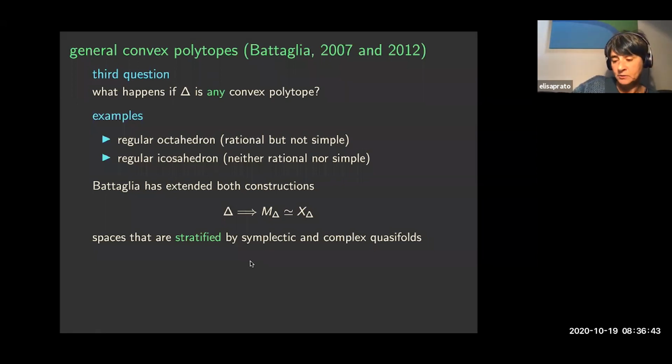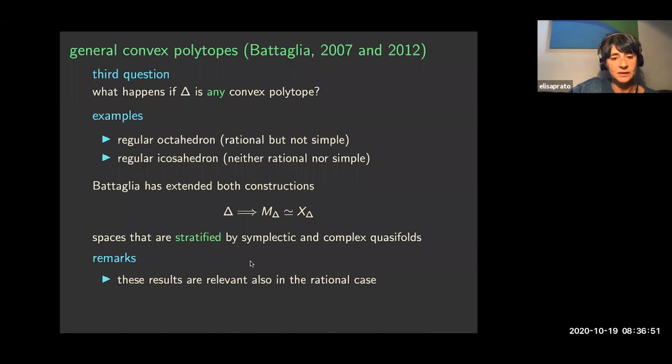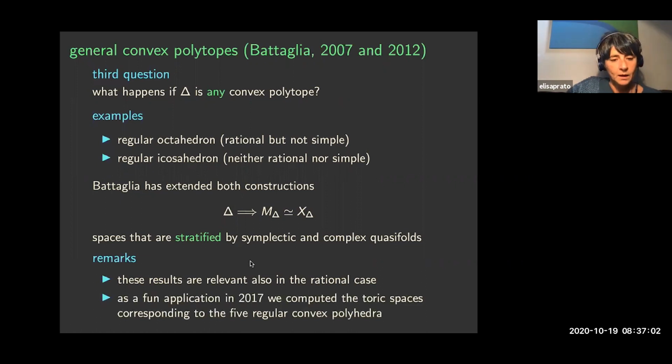both the complex and the symplectic construction, and the spaces that she obtained are even more singular, of course, but she found out that they are stratified by symplectic and complex quasifolds, and she will talk about this in more detail later. I just wanted to remark that these results are relevant also in the rational case, and they were new also in the rational case.